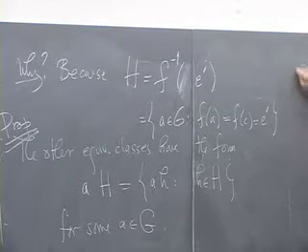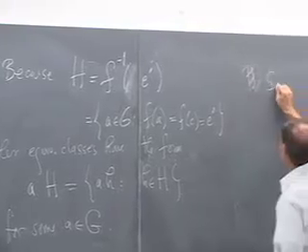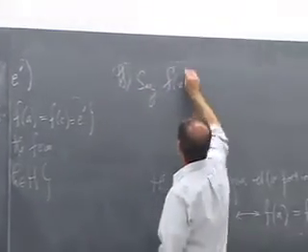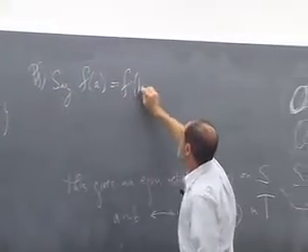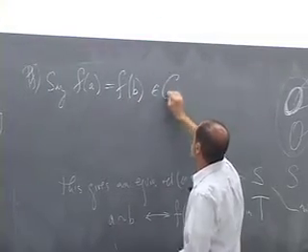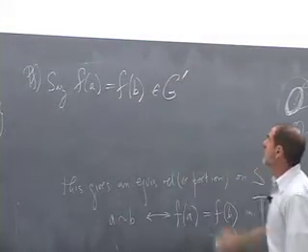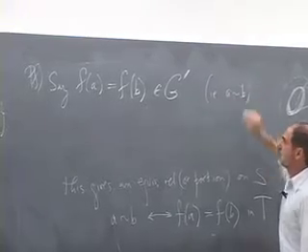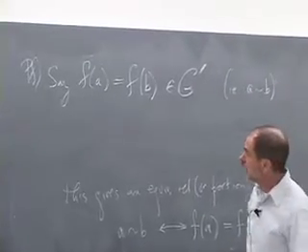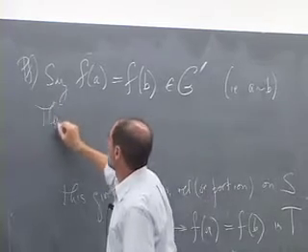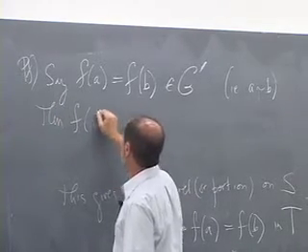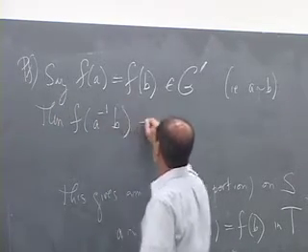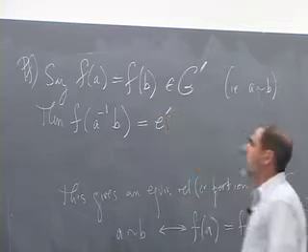Proof. Say f of a is equal to f of b in G prime, so that a is equivalent to b. Then f of a inverse b is equal to e prime, I claim.